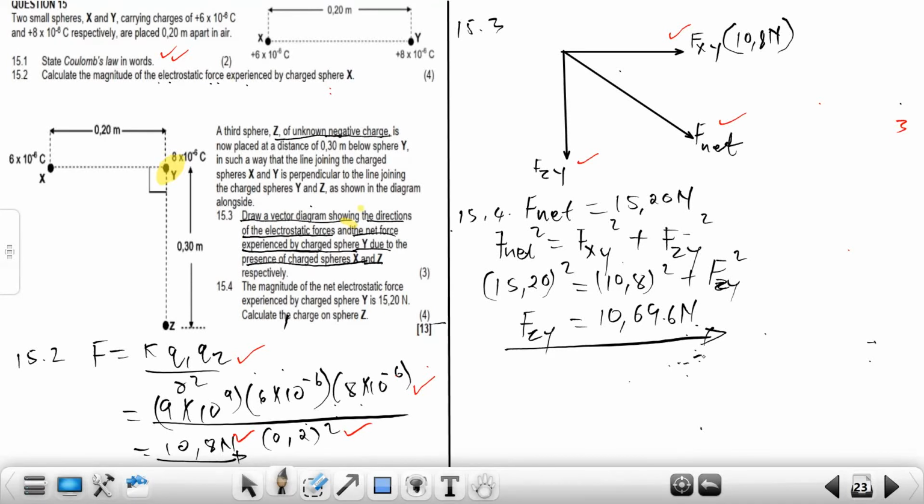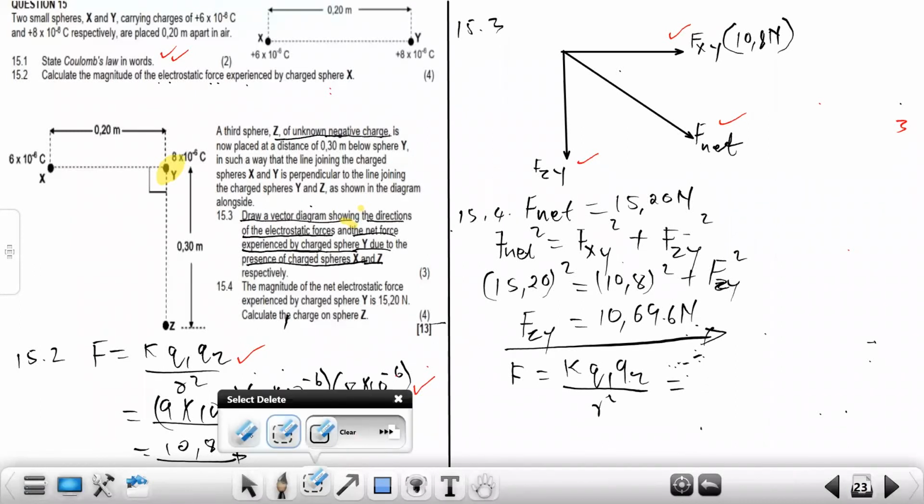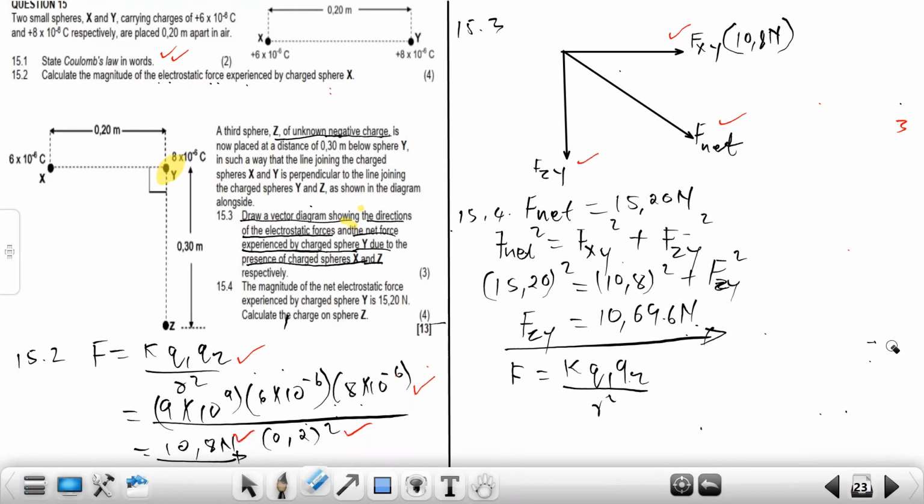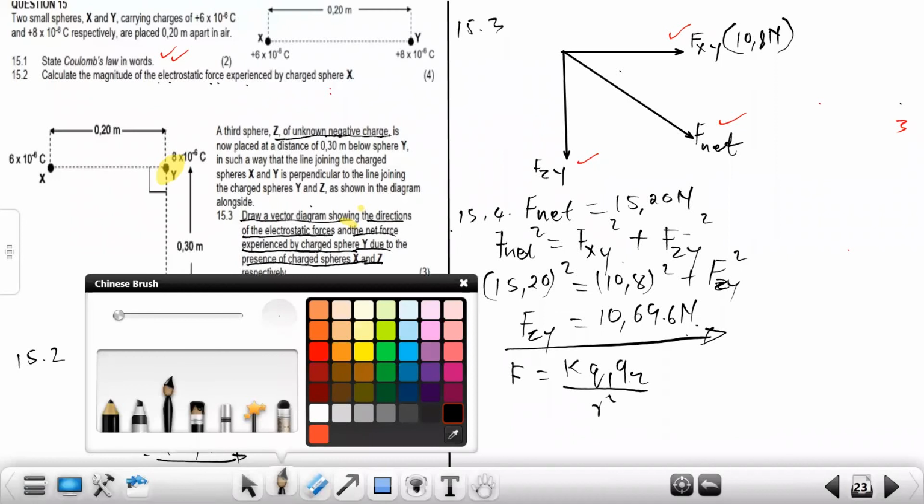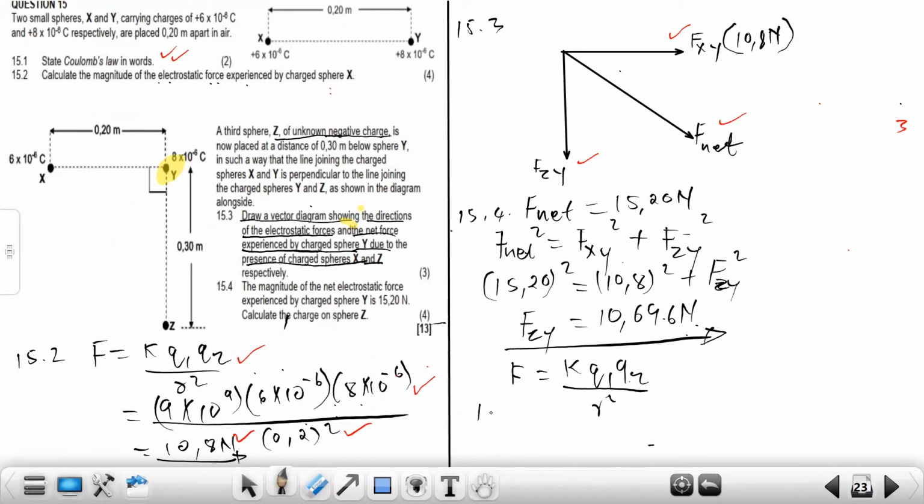So can I apply Coulomb's law? Yes, I can apply Coulomb's law. And then the only thing that I must do here is substitution of the values I have. So I have this as 10.696, which is equal to 9 multiplied by 10 to the power 9. And then what is the charge on Y?